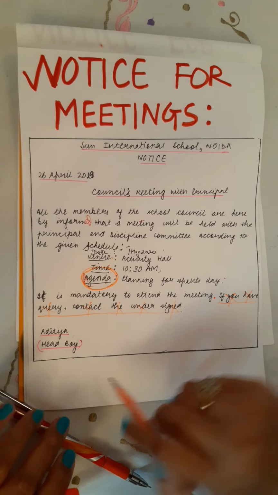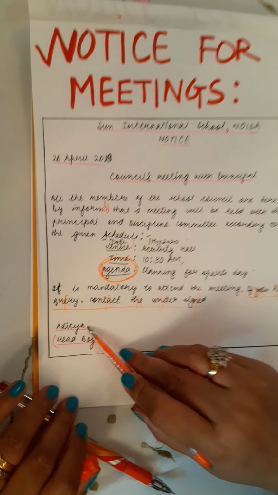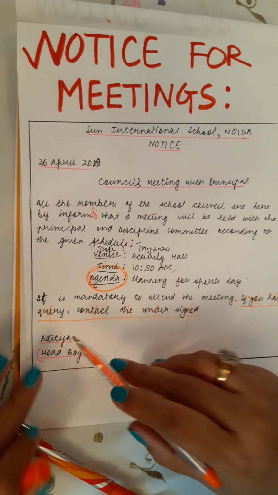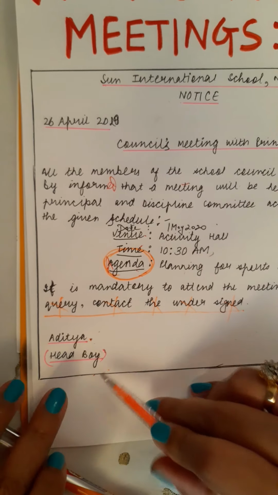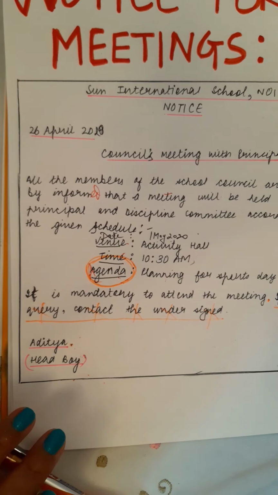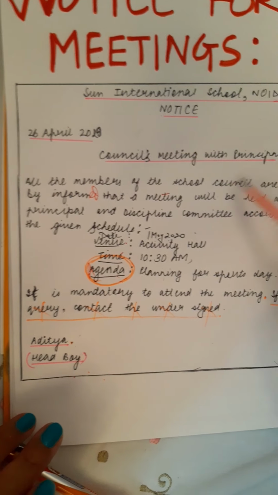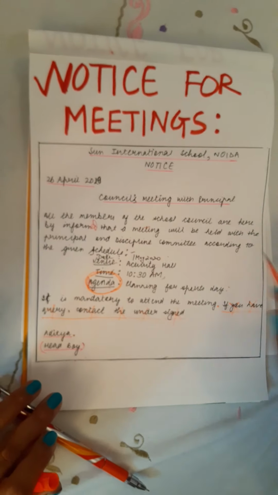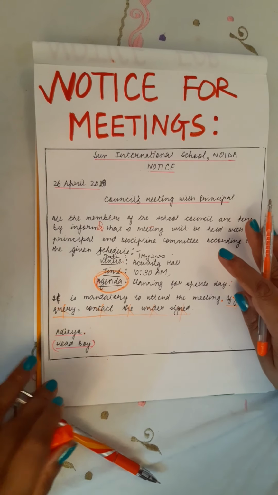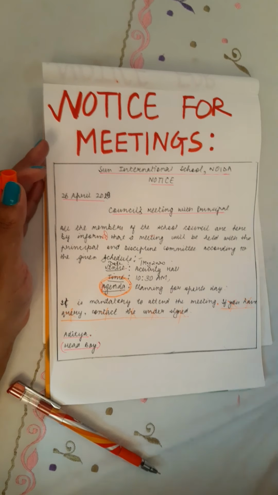That's all. Then the name of the person who is writing this notice to inform, and this is the designation, that is the head boy. The head boy is the higher authority of the council who is writing only for the specified group of council members. So there we are finished with.